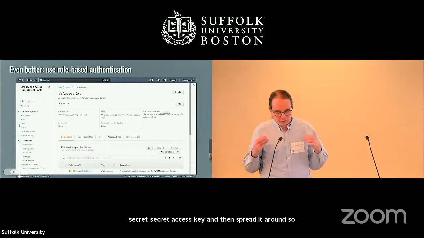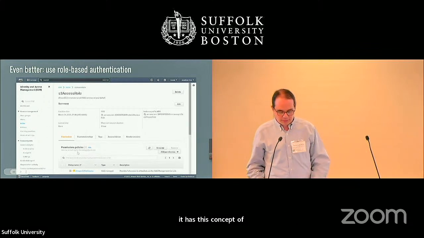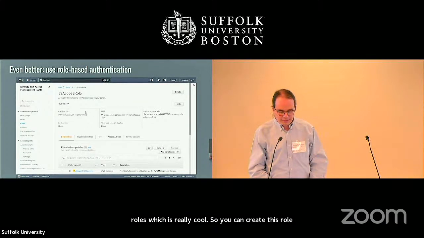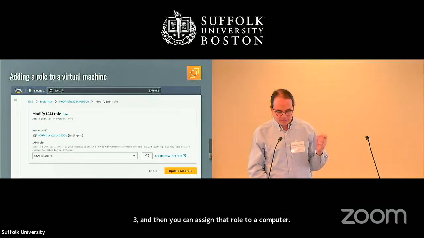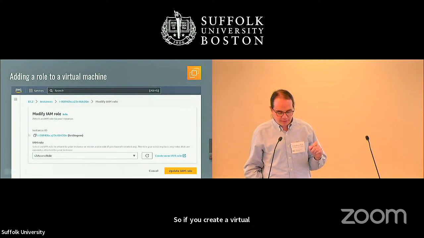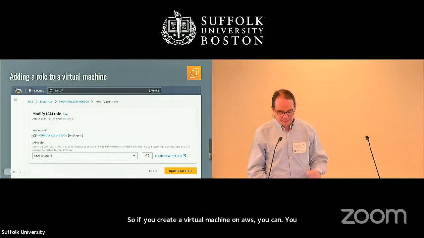So you can create a role on Amazon that has full access to S3, and then you can assign that role to a computer. So if you create a virtual machine on AWS, you can give it this role that you created that has access to S3 or some other resource.